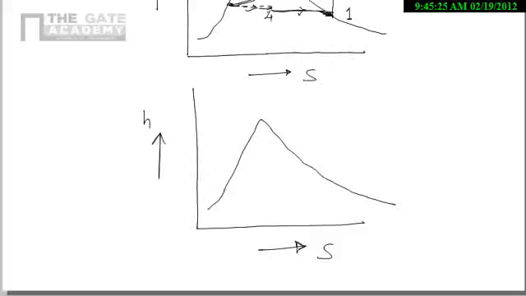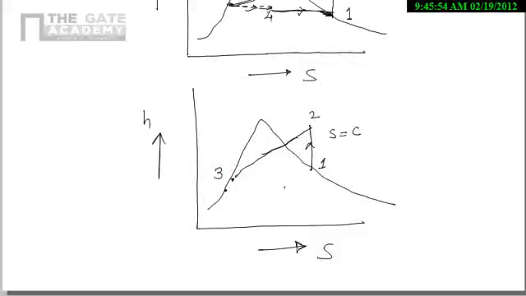So first I will represent this 3. So here it is 3, we go like 4. Okay, here I am putting 1. So 1 to 2, it's an isentropic compression, S equals C. 2 to 3 is a constant pressure heat rejection.